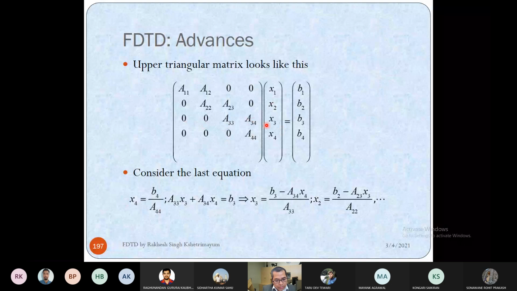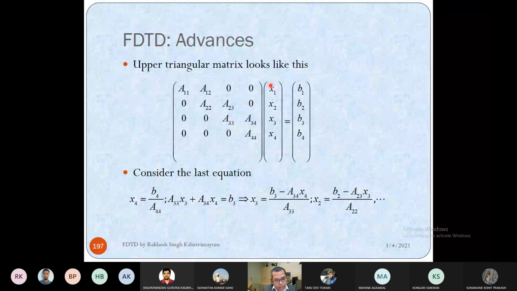What you get is A33 X3 plus A34 X4 is equal to B3. But here, the only unknown is X3. You already know X4 from the previous operation. So you can just plug in X4 and find X3. So X3 will simply be B3 minus A34 X4 divided by A33. Once we know X4, we can find X3.